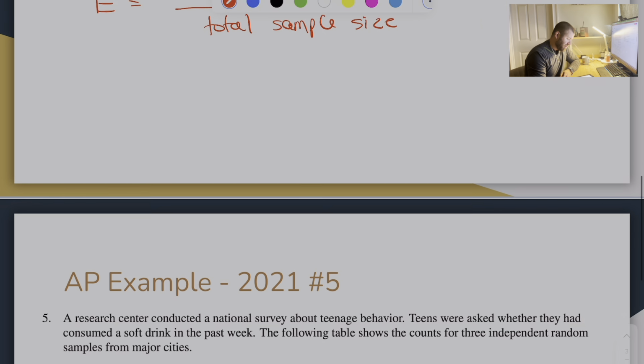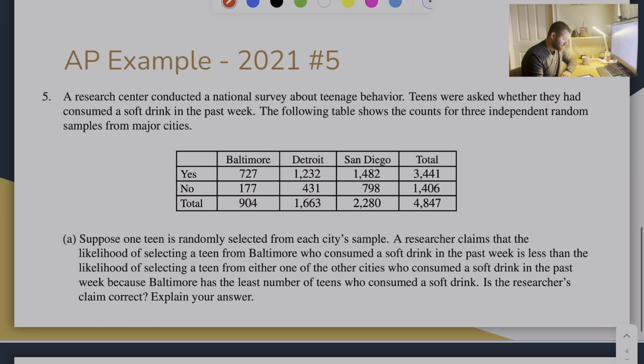Now, if we take a look at an example question here, this is what I'm talking about, where this is an example of a chi-square test of homogeneity. We have three separate cities, Baltimore, Detroit, San Diego. I can only be from one of those places. And it's the idea of whether or not these teenagers have consumed a soft drink in the past week.